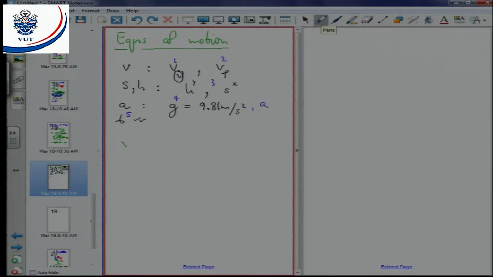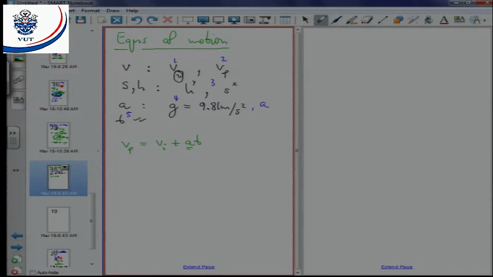So we've got Vf equals Vi plus at, and remember that a is substituted for g when we have a free falling body, or any motion under the influence of gravity only.